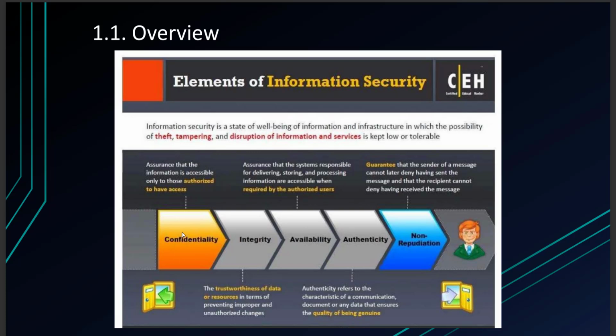So we have something called confidentiality. Confidentiality is to control the information, to know with whom to share it. Only authorized users can access this information. By that you maintain that this information will not be leaked, and there will be no loss of this info.